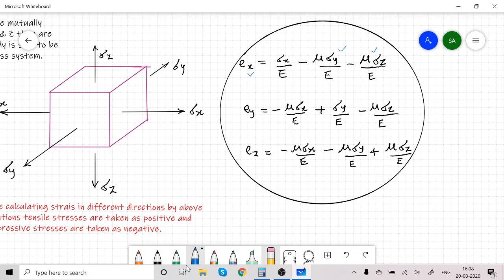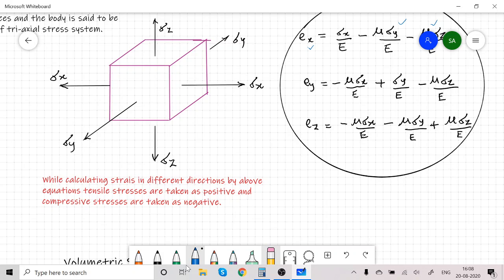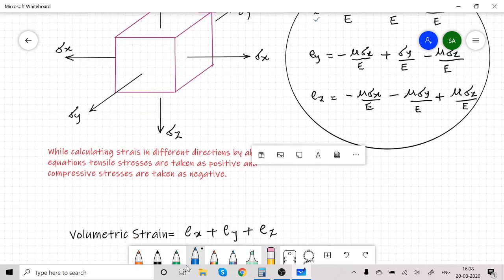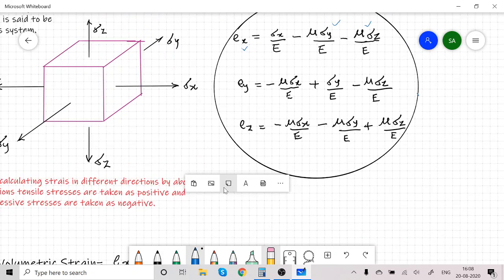Again, as all the stresses I am considering tensile, the strain produced in lateral dimension is exactly negative, so minus sign. So also remember this formula.